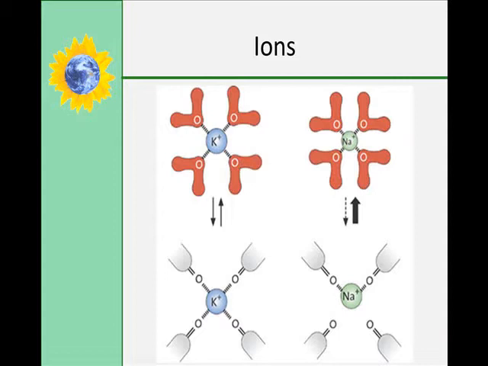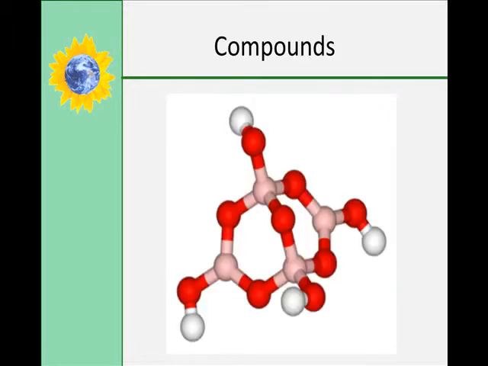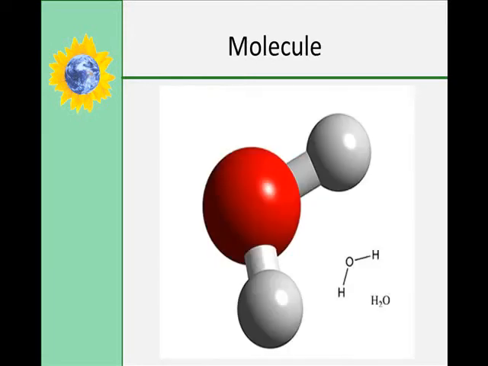If it gains electrons, it becomes a negatively charged ion. Several elements can form compounds once they're combined, and compounds are substances composed of two or more elements. The smallest chunk of a compound is a molecule.